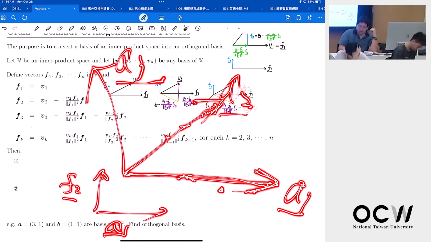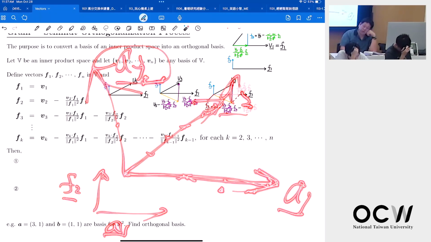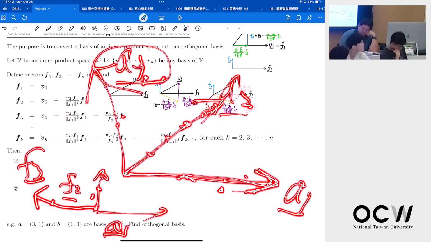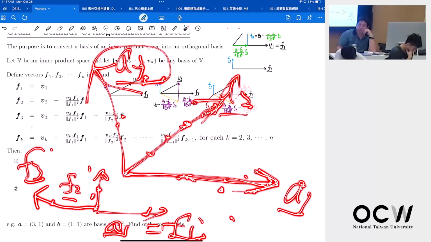And for A3, the third one, I also need to remove the portion from the A1 direction and A2 direction. Once I remove these 2 directions, this vector F3 will be perpendicular to F2 and A1, which is F1. And then I formed an orthogonal basis.